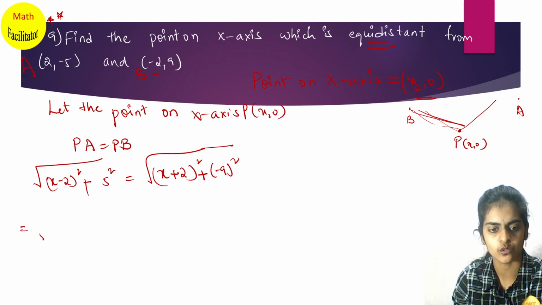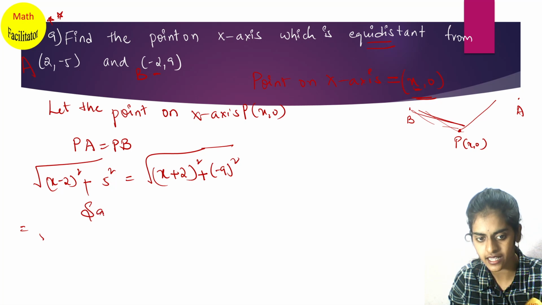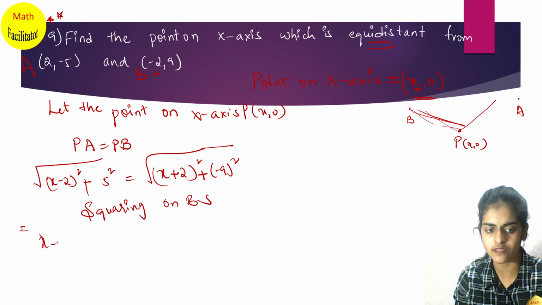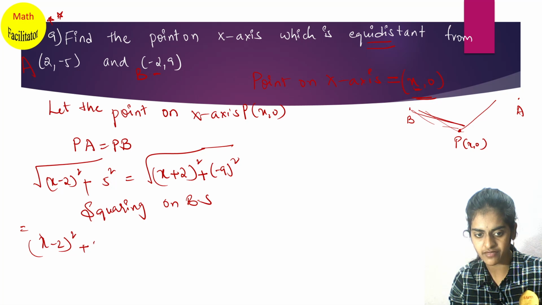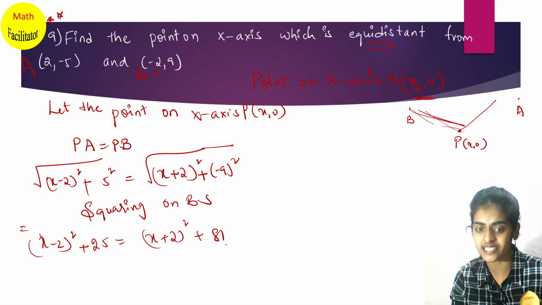Now let us square on both sides because you have roots on both sides. So squaring, the square root gets cancelled. You will get (x - 2) whole square plus 25 is equal to (x + 2) whole square plus 81.